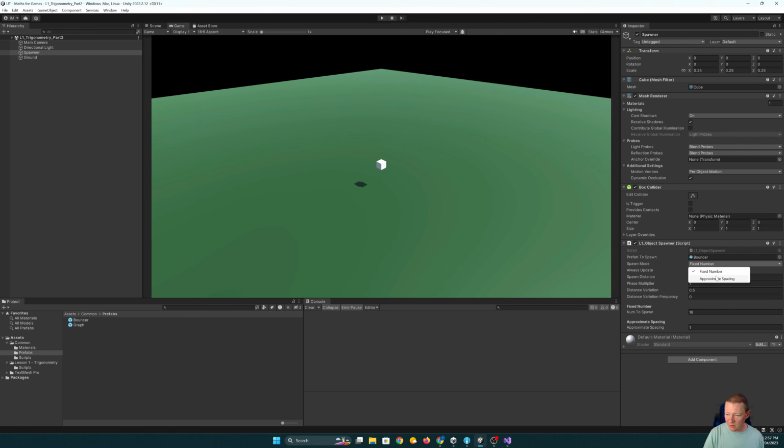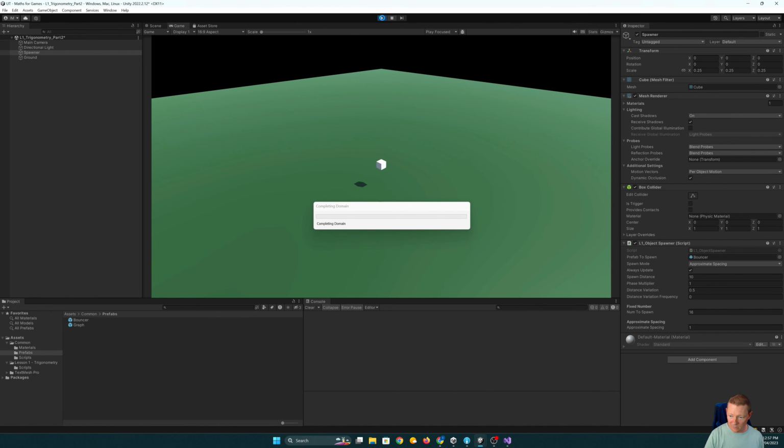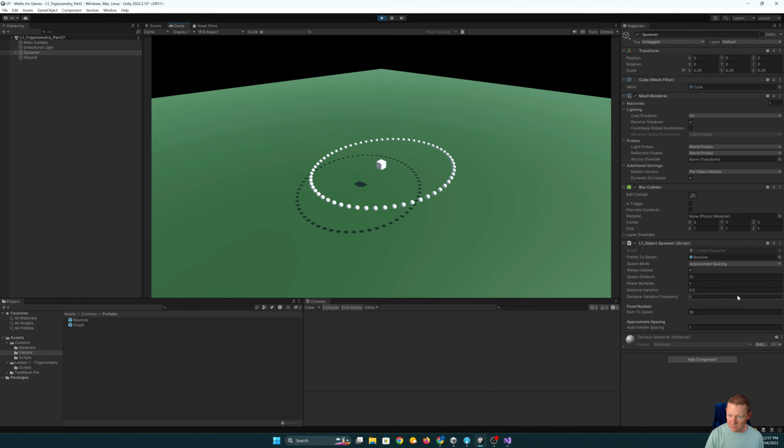So let's see what that looks like. We'll go for approximate spacing. We'll move things out about 10 meters, and that looks okay. So they will all be moving around like that. So far so good.